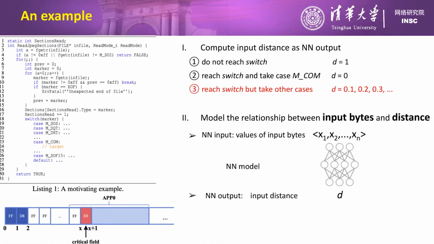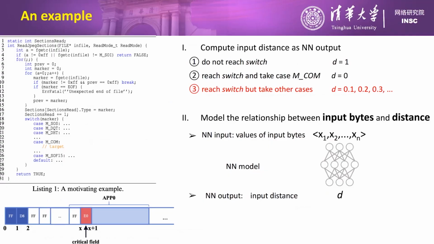So, what we do is use a neural network model to identify the marker byte. First, we compute the input distance as an output. For inputs that do not reach the switch, we give them distance 1.